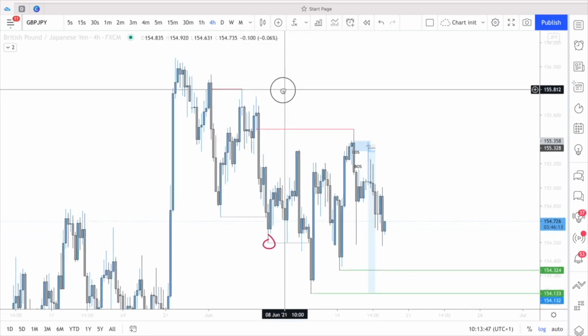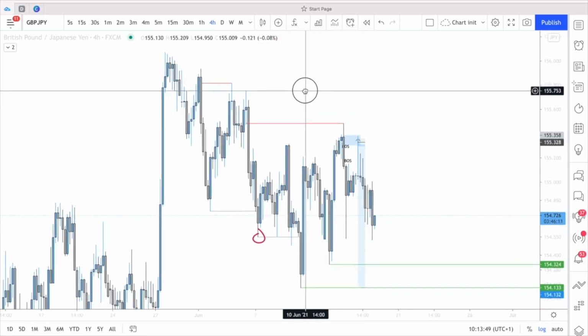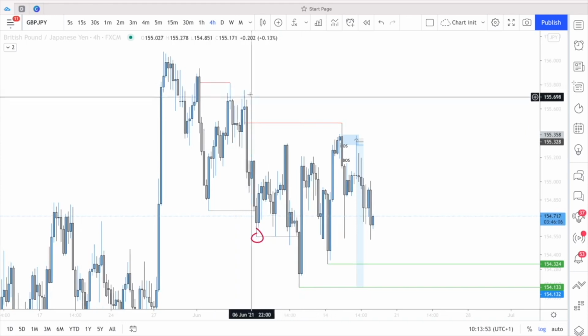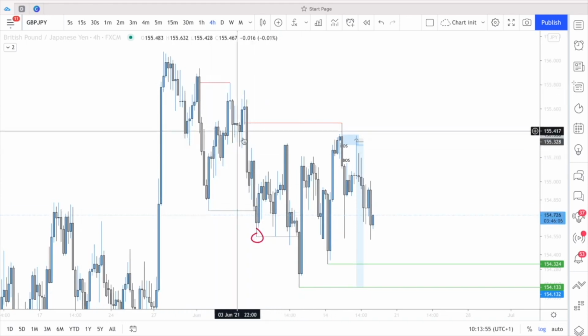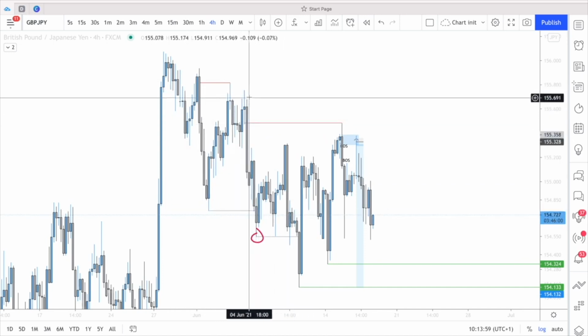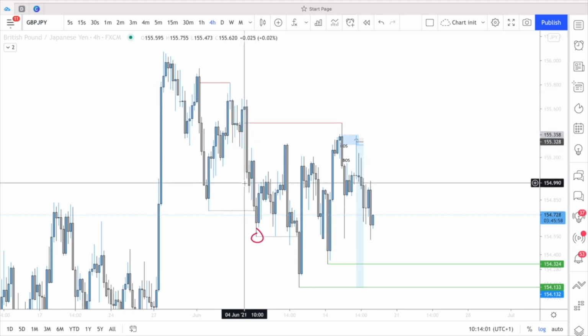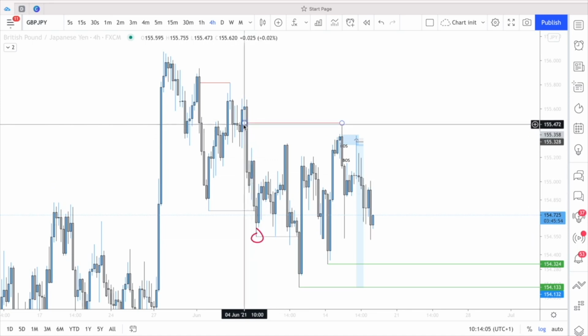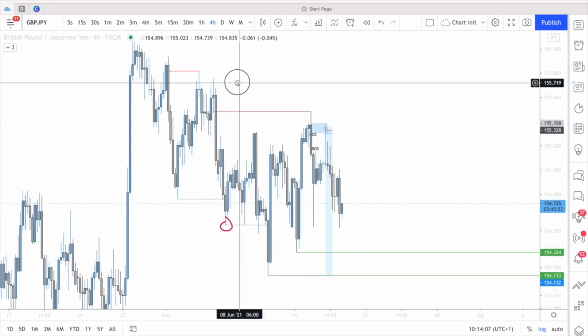But in terms of what makes sense and what's clear, you need to understand that the last mitigation point happened from here. In terms of pricing efficiency, price is pretty efficient along here, and the inefficiency comes from this drive here, and we see the clear inefficiency here.